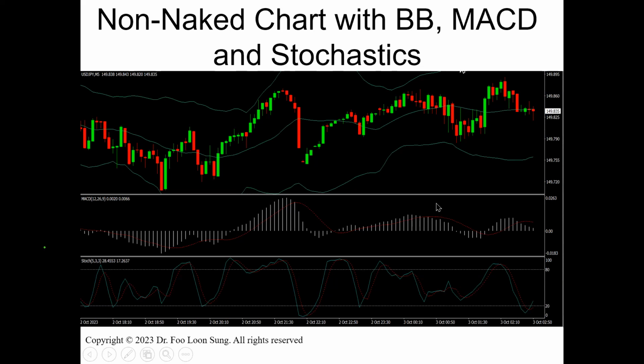Secondly, you are actually using the stochastic and MACD to help you figure out the trading signal of the market. That is a major feature of using a non-naked chart, and this is a very typical example of charts that are used by many traders.